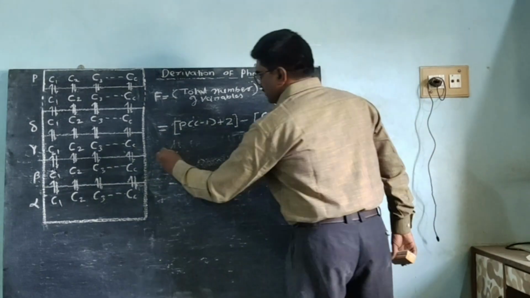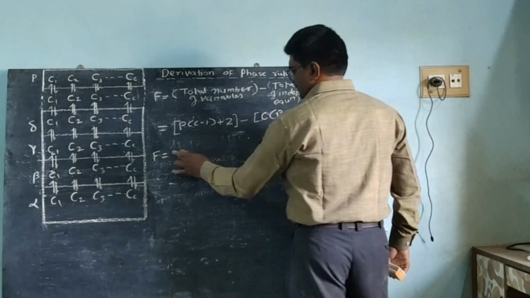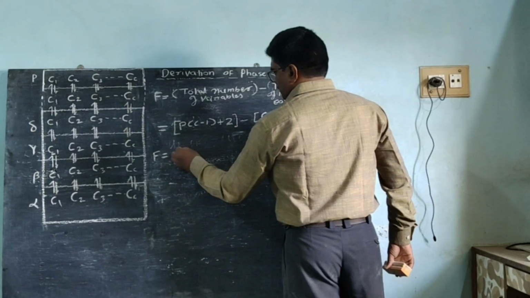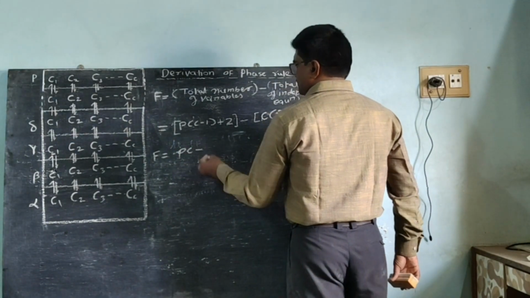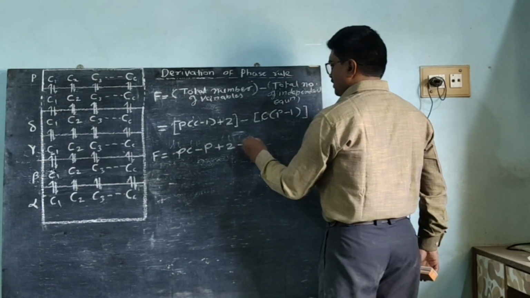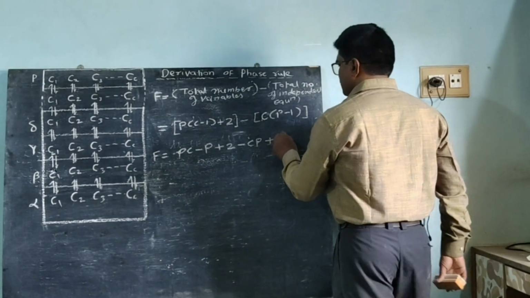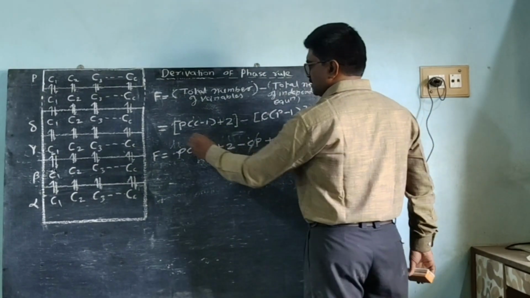If you solve it, you will get PC minus P plus 2 minus CP plus C. So this cancels out.